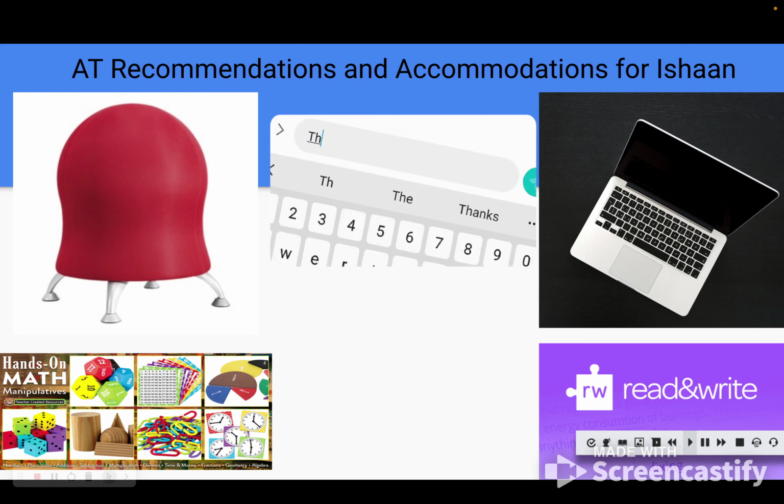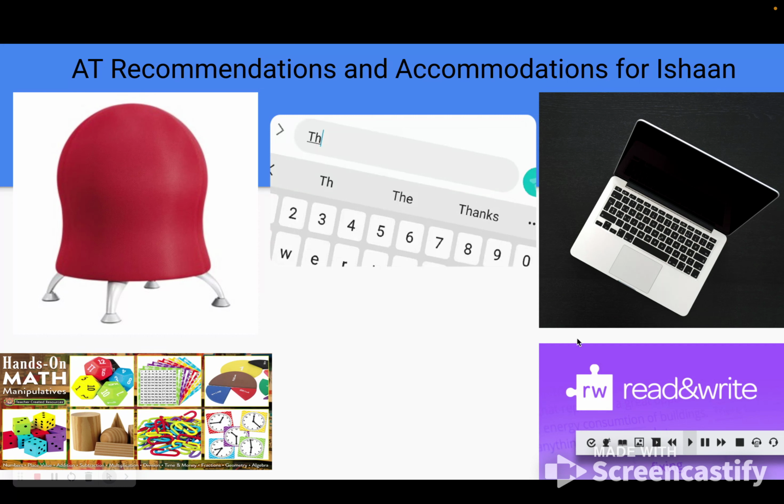For recommendations for assistive technology and accommodations for Ishaan, I would consider access to a device such as a computer, iPad, or laptop, which is a high-level assistive technology device.